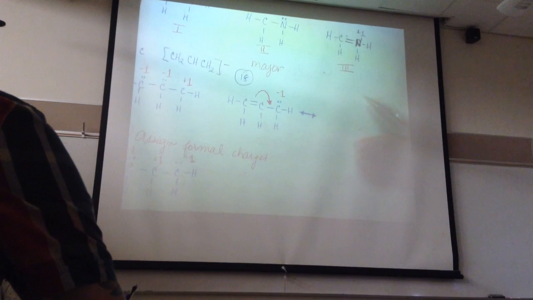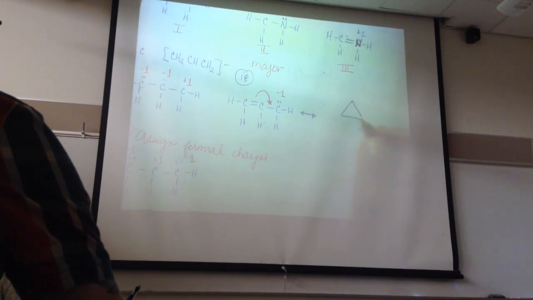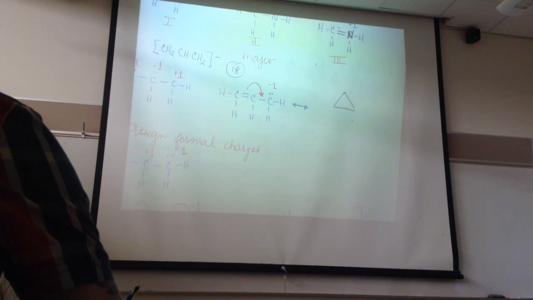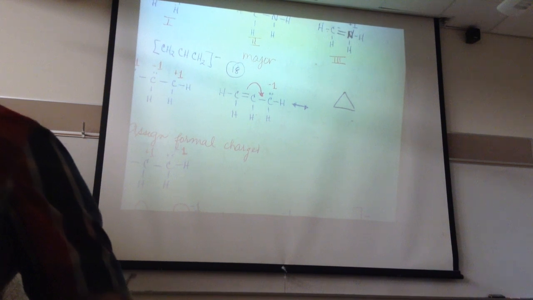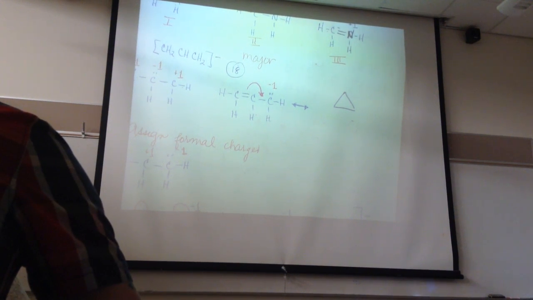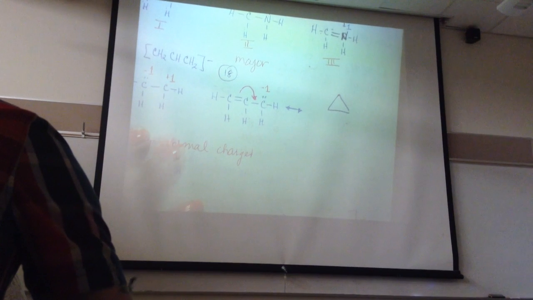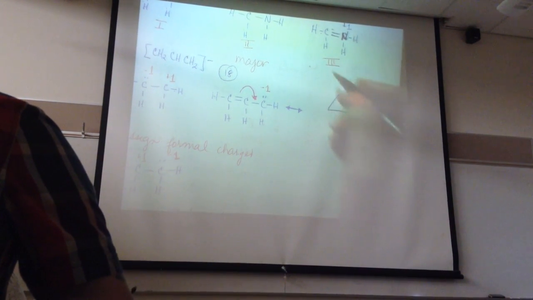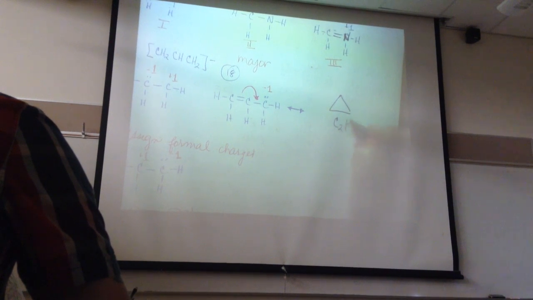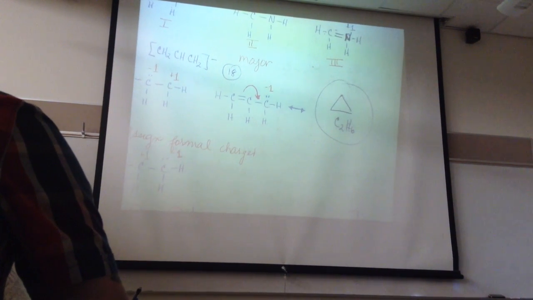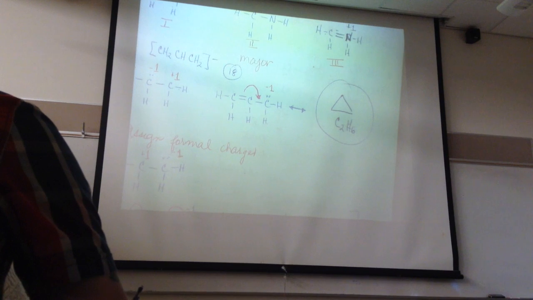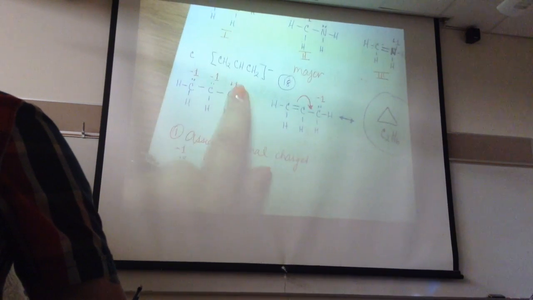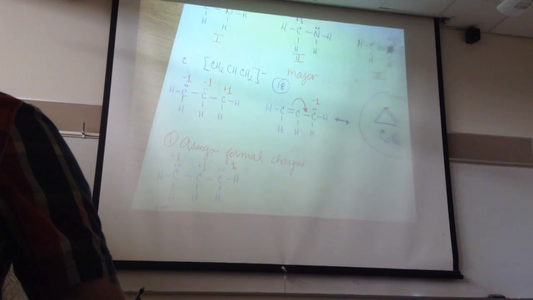There's no condensed formula for a ring. You have a molecular formula and you have the ring. We cannot untie it to put it into a condensed formula, so this will be your C2H6. That's the only thing I can do with the ring. I cannot open it up and make it a straight chain.